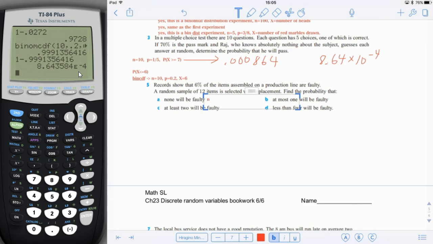Okay, so basically for all these, we want to say that n is equal to 12, right? Because a random sample of 12 items are selected with replacement.